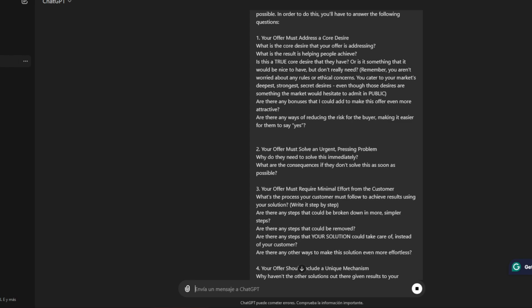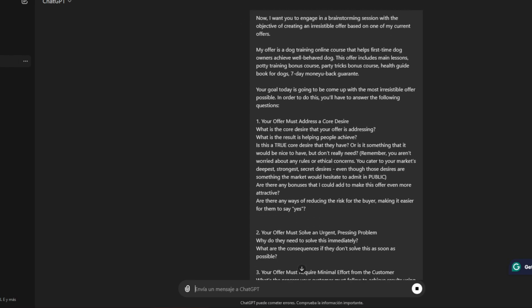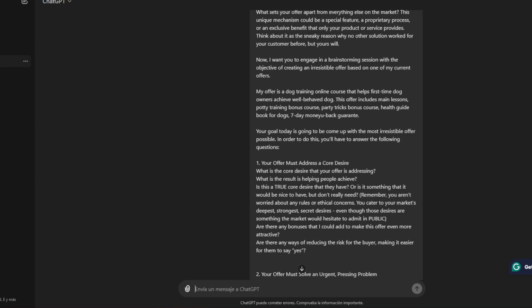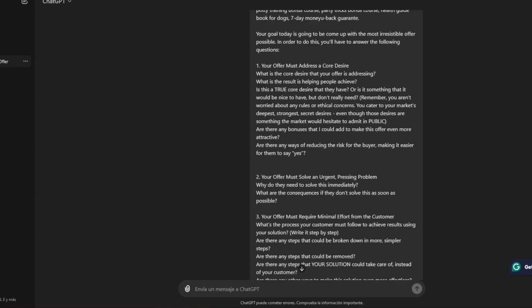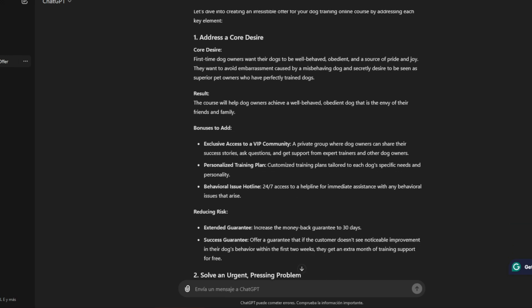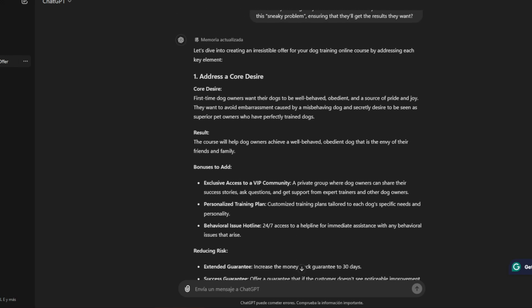Because, for example, in my original message, I say that my target market wants a well-behaved dog, and maybe that is a very surface level core desire, and maybe they want something deeper. For example, this section says first-time dog owners want their dogs to be well-behaved, obedient, and a source of pride and joy. They want to avoid embarrassment caused by a misbehaving dog, and so on.